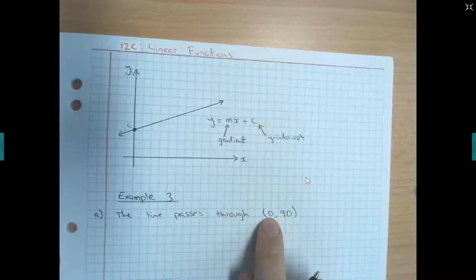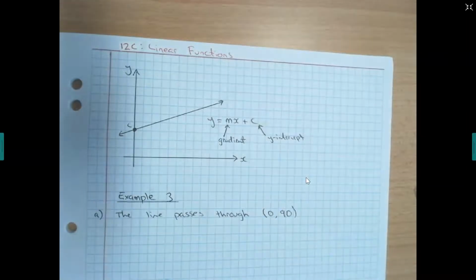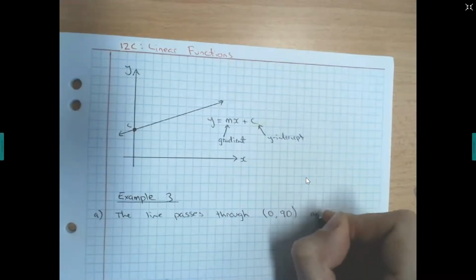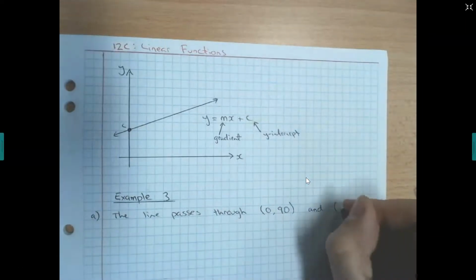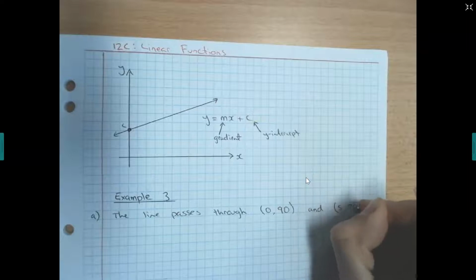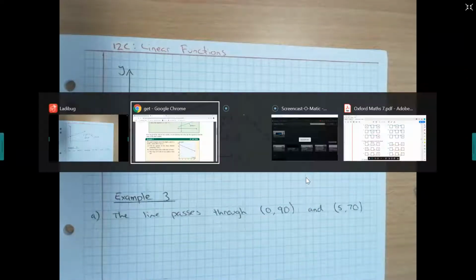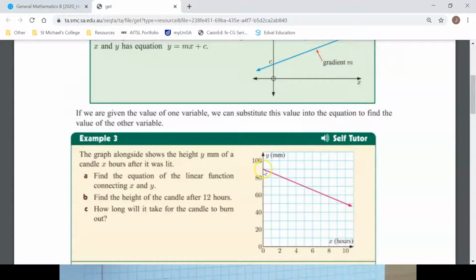So remember that's our x coordinate and that's our y coordinate. And the other point we said was (5, 70). So there's (0, 90) and here's (5, 70).